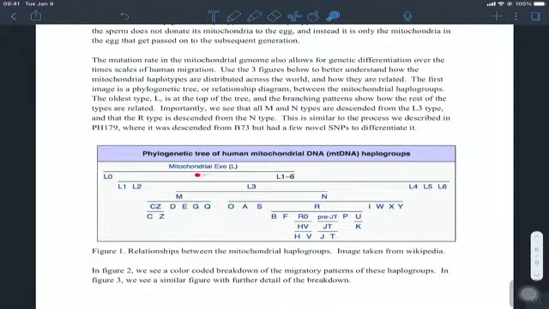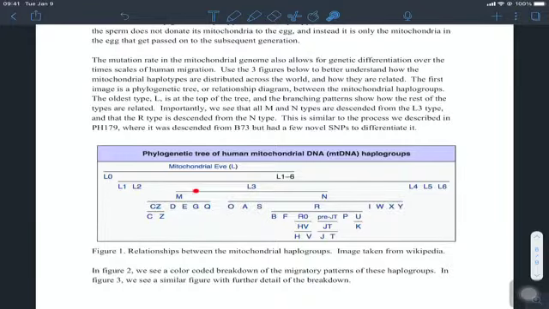On the x-axis, or the distance of this line here, is the amount of diversity contained between those different haplotypes. So L0 is very, very different from L1 through 6. And then this tremendous amount of diversity is what we see between L1, L2, L3, L4, L5, and L6. These very distinct, very diverse haplotypes.